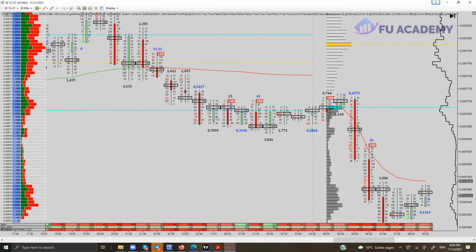So 61 divided by 1 is 61, and if it is 28 or more than 28, then this will be printed as blue. So the second slot divided by the first slot from the top, if it is 28 or more, then this color will be blue, and this is called ratio bound high.